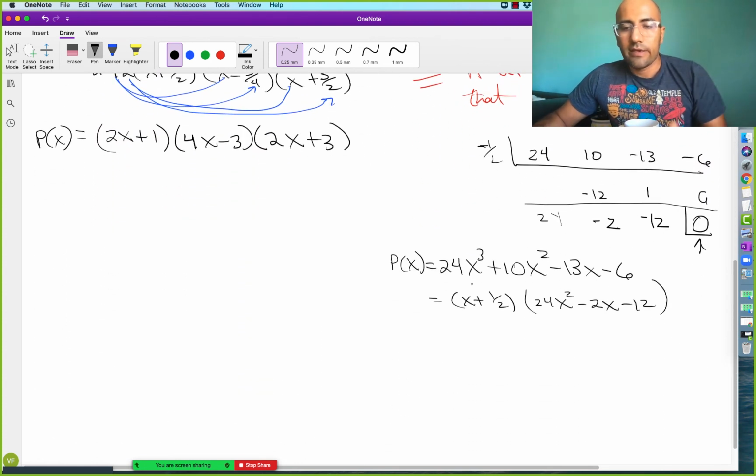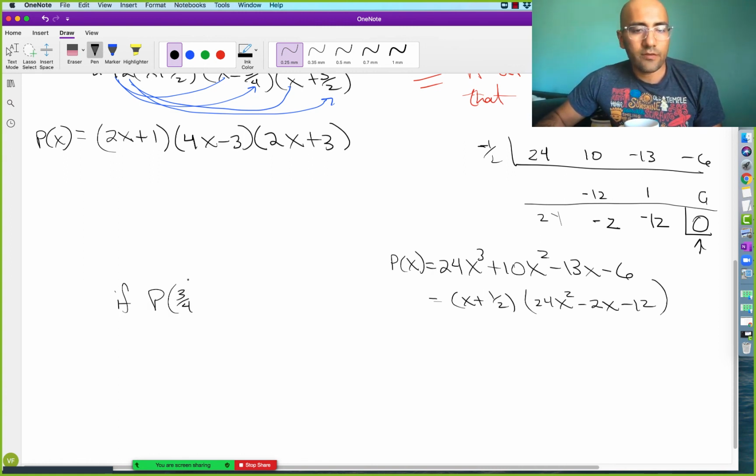So now if p of 3/4 equals 0, that means that x minus 3/4 divides p of x.